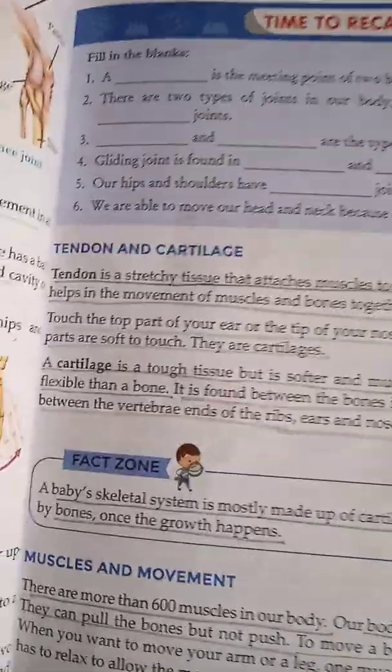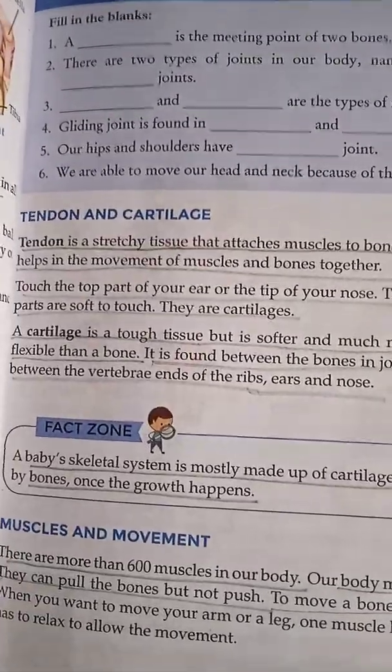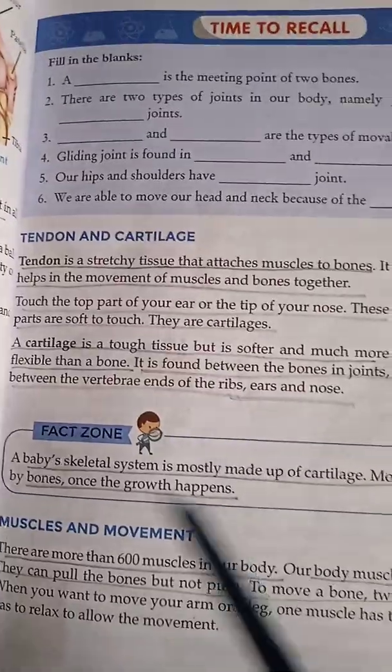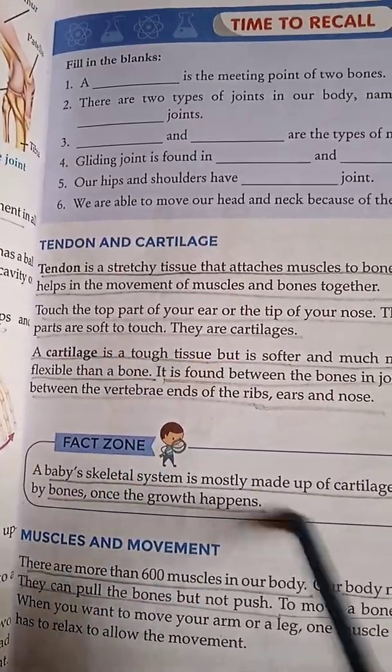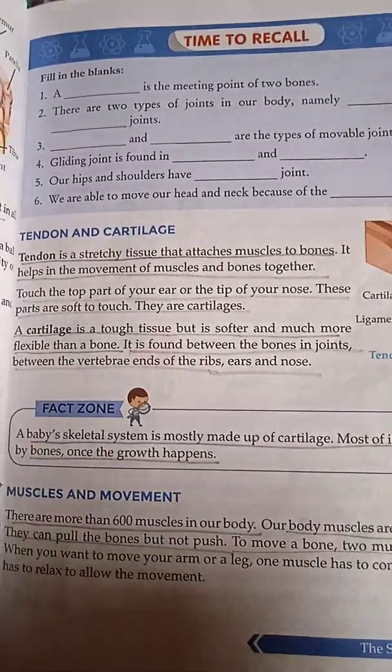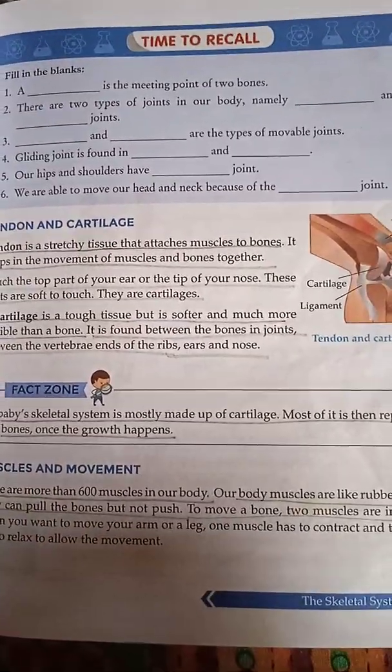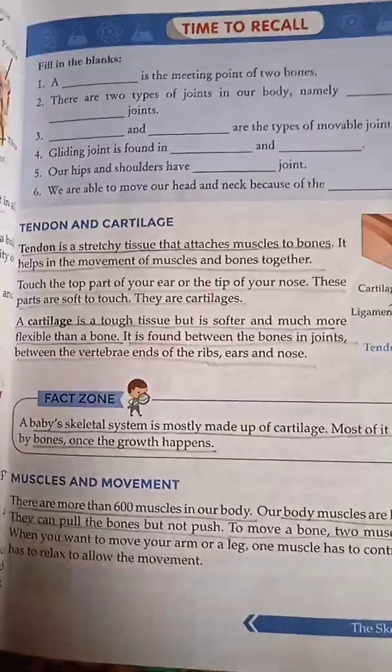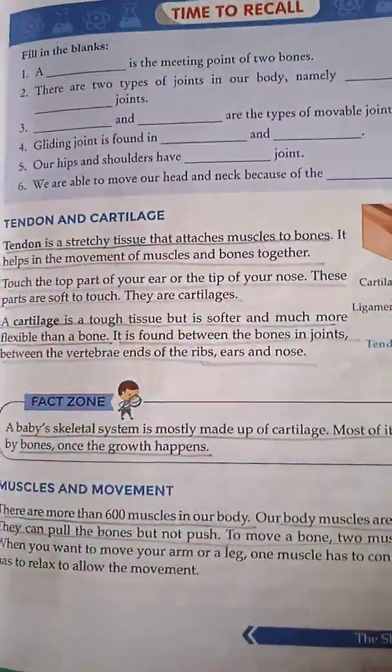It is a tough tissue but it is very soft, and the main function of this cartilage is to provide flexibility. Okay, now a baby's skeleton is made up of cartilage, and most of it is replaced by bones when growth starts to take place.